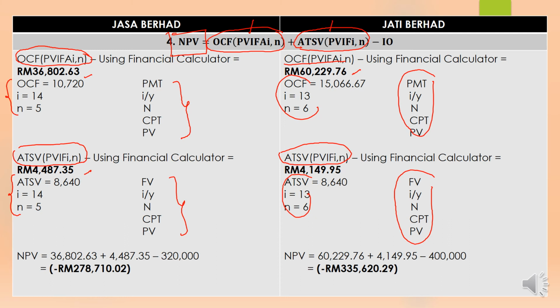So you will get an NPV for Jasa Berhad of negative RM278,710.02. And for Jati Berhad, the NPV is also negative, which is negative RM335,620.96. So it is possible for you to get a negative NPV. Sometimes you can get an NPV that is either positive or negative. Based on this information for Jasa and Jati, you get a negative NPV.